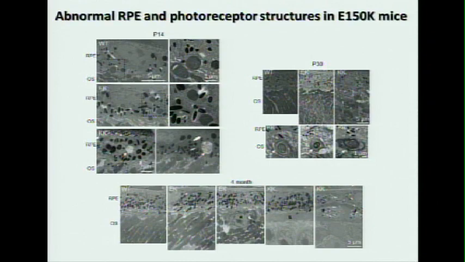In older mice, we can also see abnormality in the heterozygous mouse, with deposits in the subretinal space. In the homozygous mouse, the outer segment structure is gone, and sometimes we can see pigmented deposits.